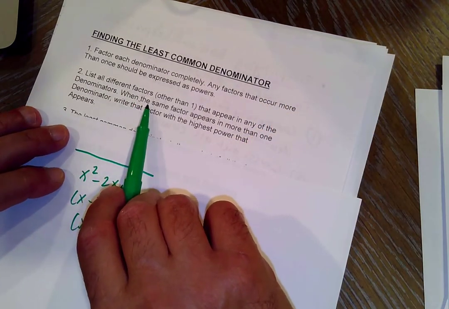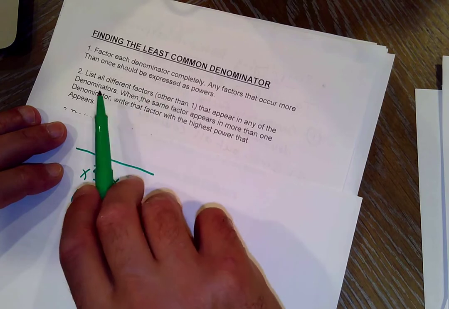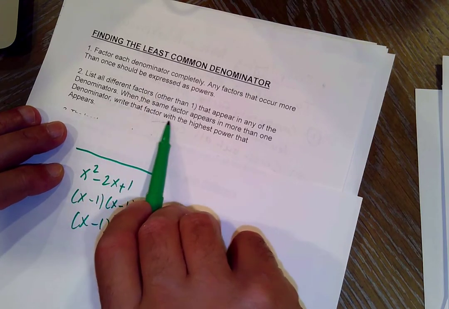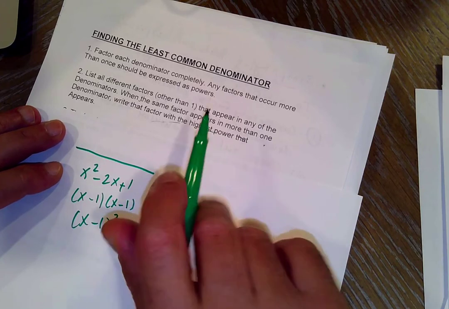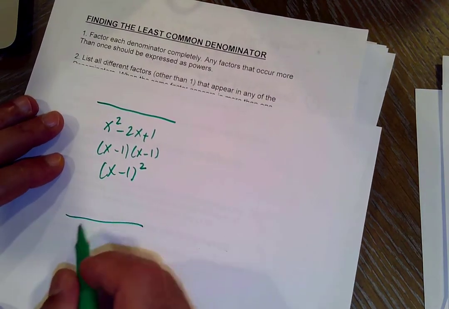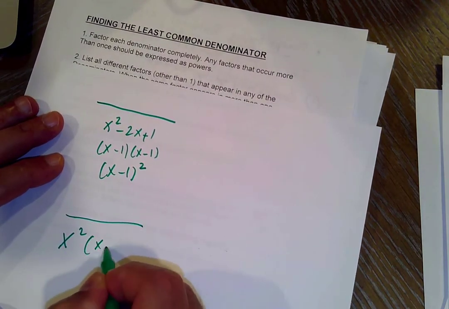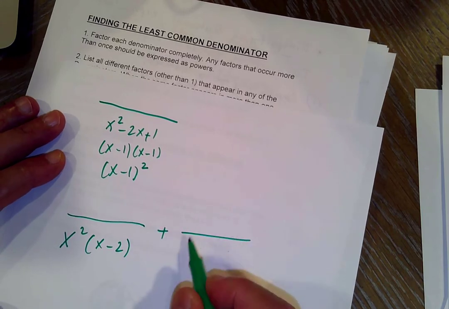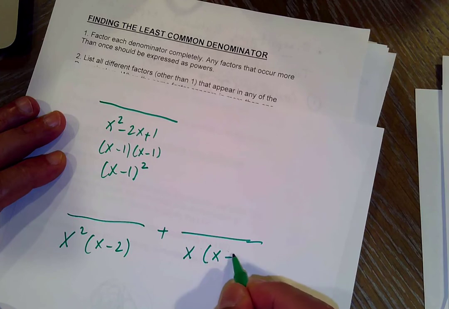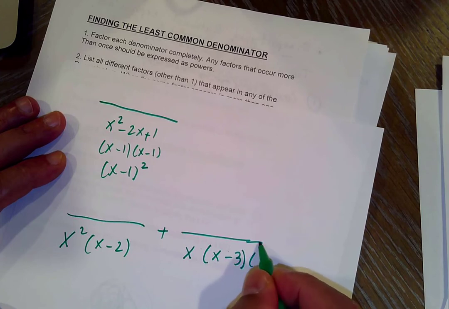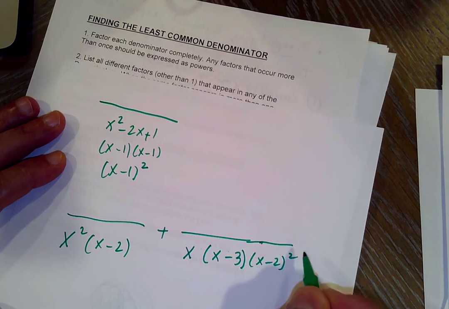List all different factors other than one that appear in any of the denominators. When the same factor appears in more than one denominator, write the factor with the highest power that appears. For example, if you have x squared (x minus 2) in one denominator, and then say x (x minus 3)(x minus 2) squared in another denominator.